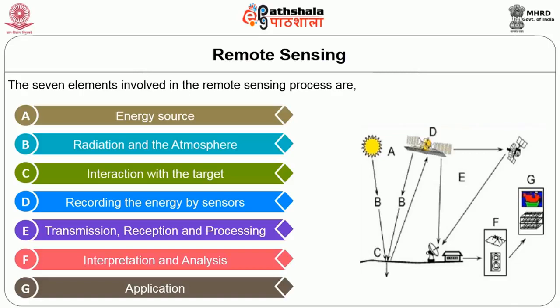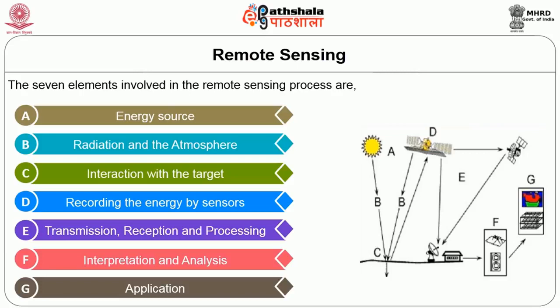Natural reflection is called passive remote sensing, and if it is induced through tools like radar or X-rays, for example, it is called active remote sensing. Once the sun rays fall through the atmosphere, they hit the object, and the object starts reacting to it. That reaction is called radiation.